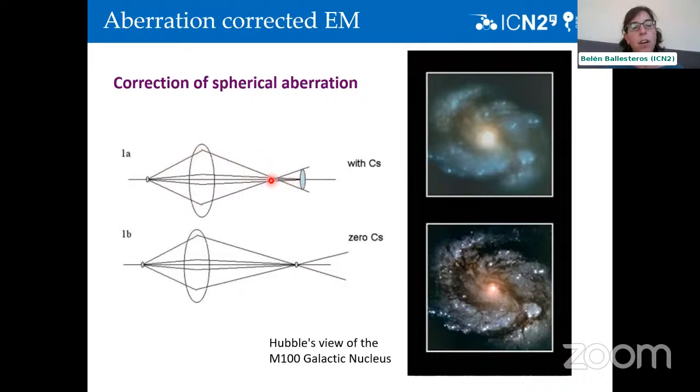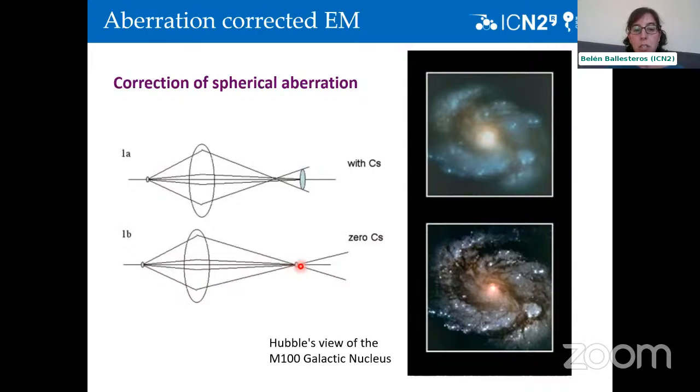So you have different focal points, and this gives you a decrease in the resolution of your image. In the case of zero spherical aberration, a point in your sample is focused in just one point in your image. So that's the best resolution you can get.